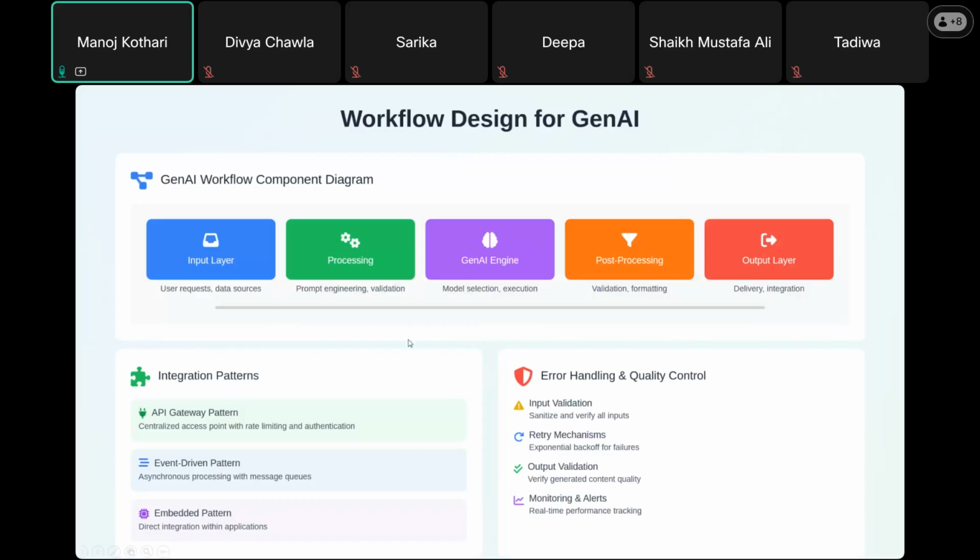So it will process your request, bring out all those keywords required, then it will go to the engine, select the model and process it, and then bring out some responses, and those responses will be recalculated to give you a proper output. So this is the workflow of GenAI.